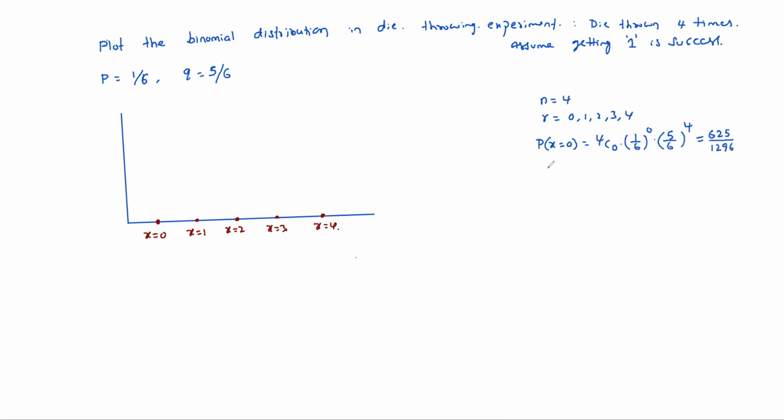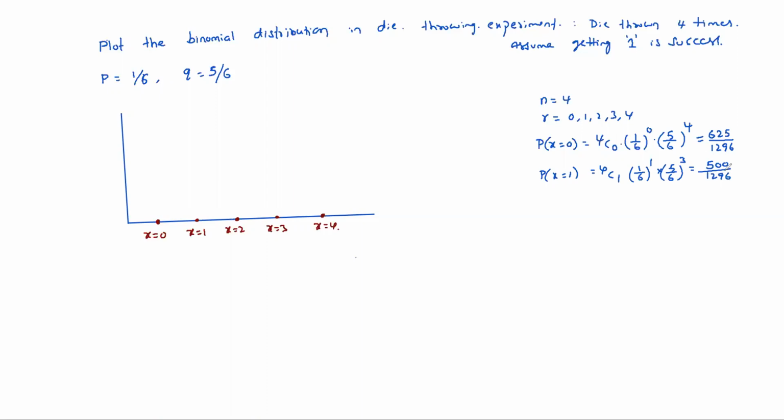Okay, like this. Probability of x equal to 1 is 4C1, 1 by 6 to the power of 1, 5 by 6 to the power of 3. That is 4 into 125, 125 into 4 is 500, right? And then by 1296. Is it okay?